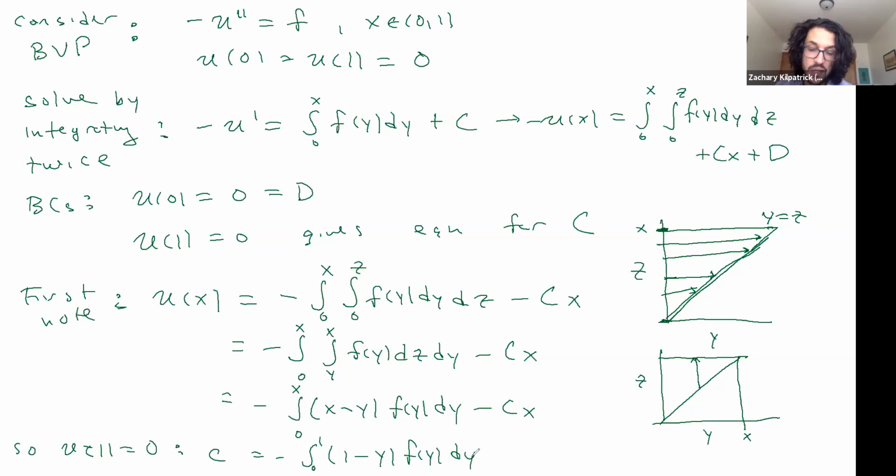So I now have an expression for my constant, but it's just in terms of this integral that's involving my unknown function. Now we're going to put this all together to get our function.